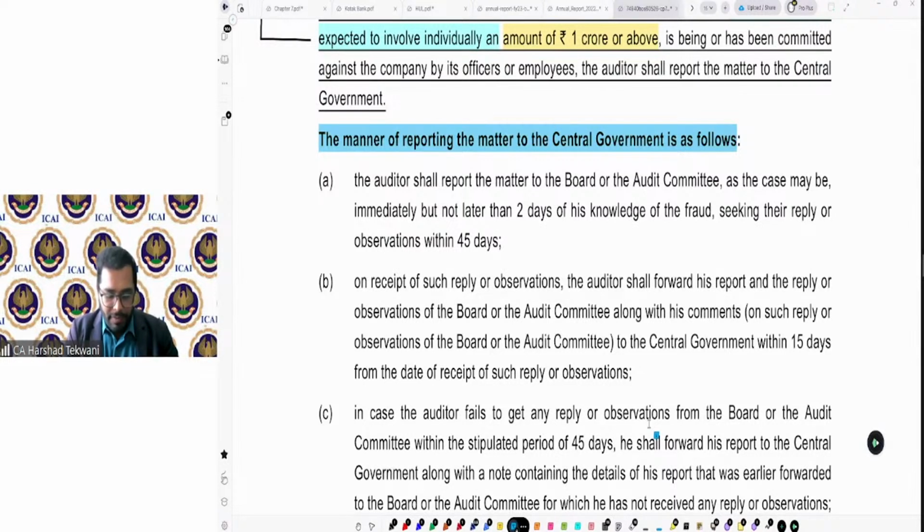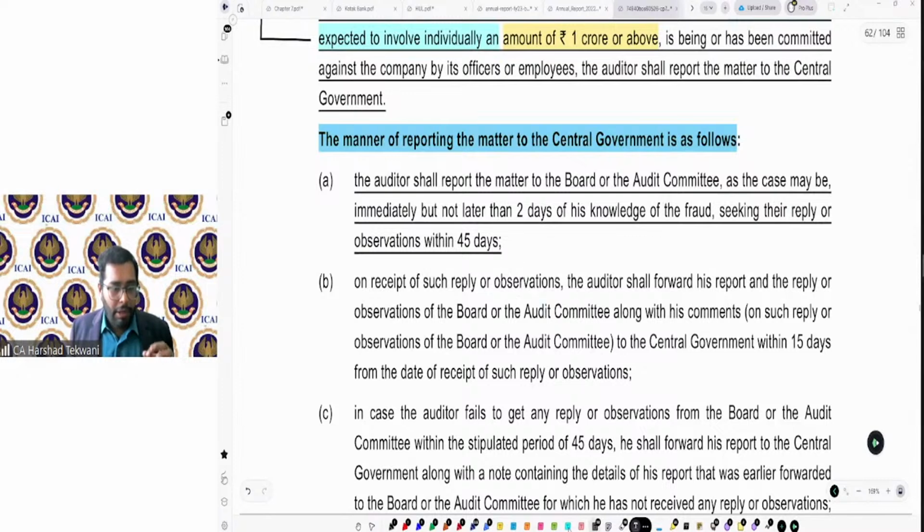So the time period is 2 days. The 2 days is to be counted from the date of knowledge of the fraud, and the matter is to be reported to the board of directors and audit committee.